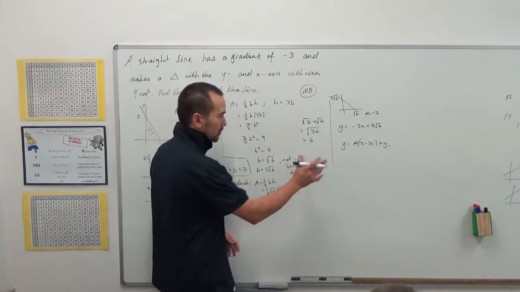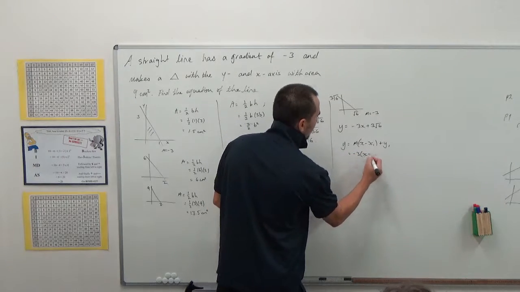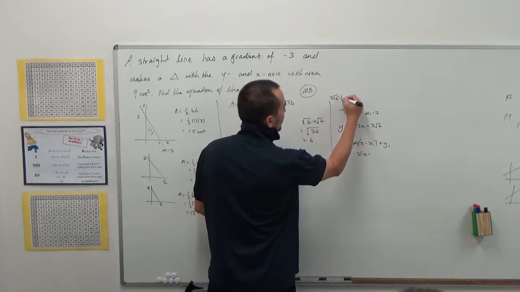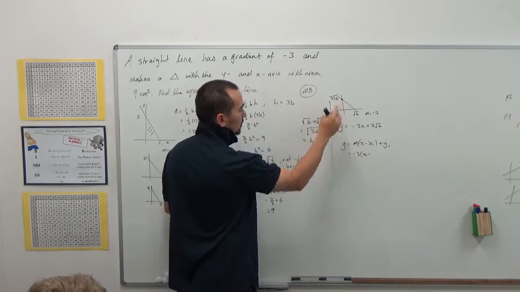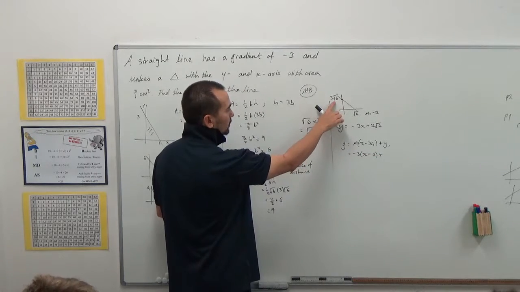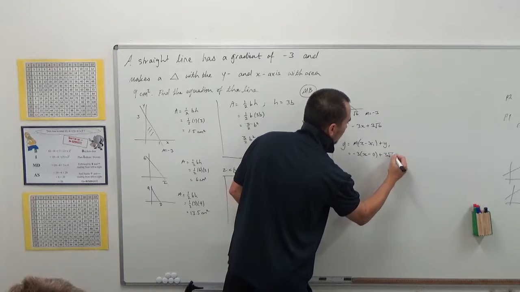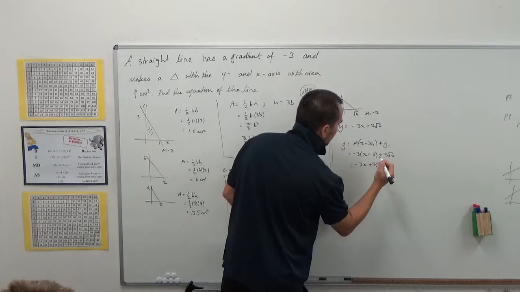So let's just re-practice this. m was -3. What is x1 in this coordinate right there? It is 0. Plus y1. What's y1 there? 3 root 6. And so we get the same answer that we started with.